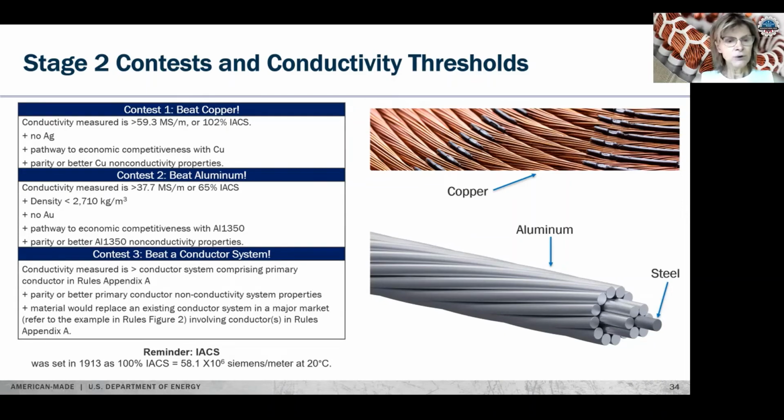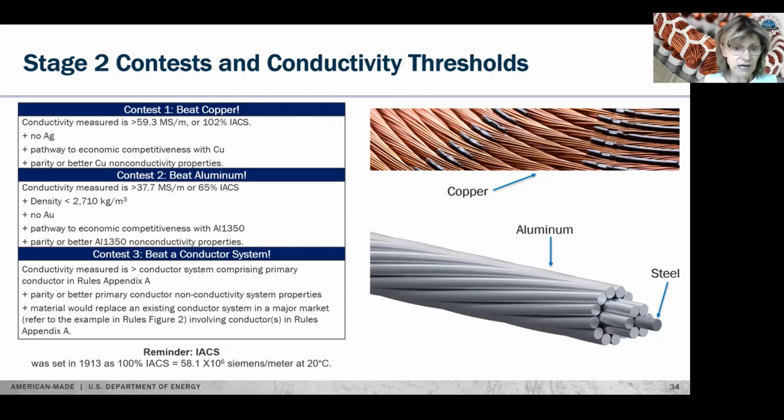Since silver is 8% more conductive than copper, you could, in principle, meet this particular testing threshold by just adding silver. We doubt it would be that affordable, but just to be clear, materials competing in this contest number 1 must not include any bulk silver. In addition, for the other important attributes of copper, for example, corrosion resistance, your material should be as good as or even better than copper.